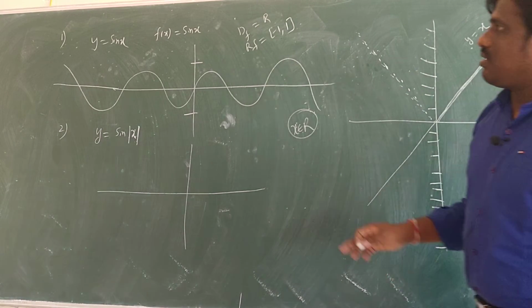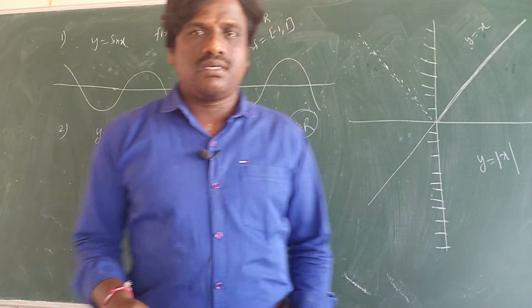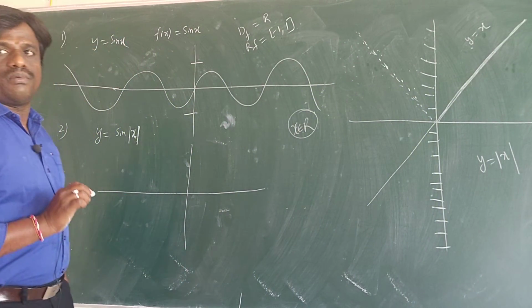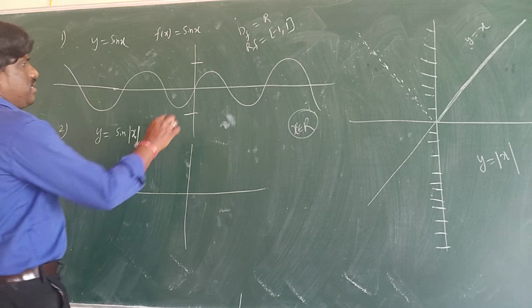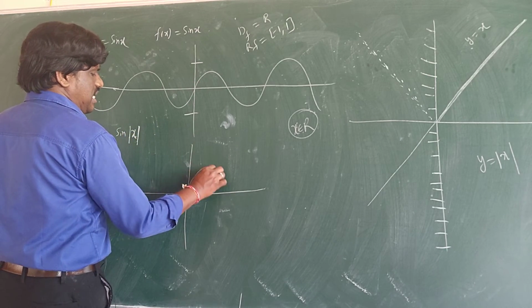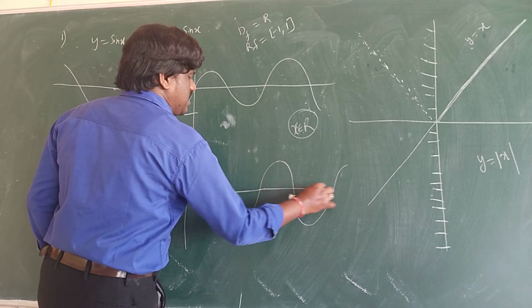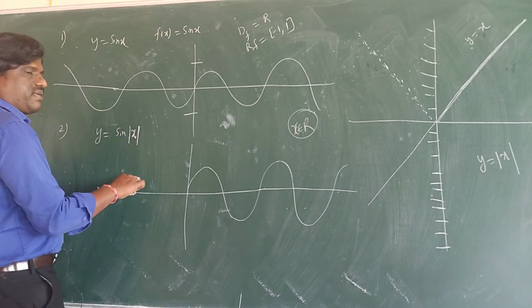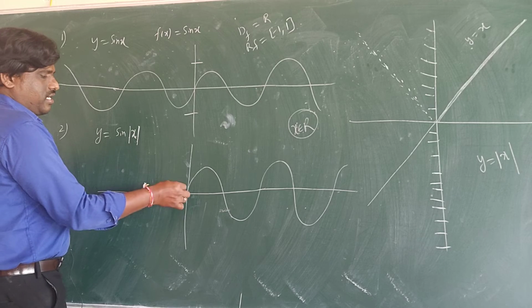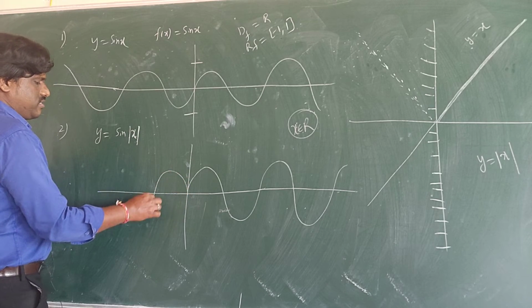If y is equal to sin x is the graph, what will the graph of y is equal to sin mod x be? This is the sin x graph, right? So this same graph comes from this side. It means the reflection will go like this.